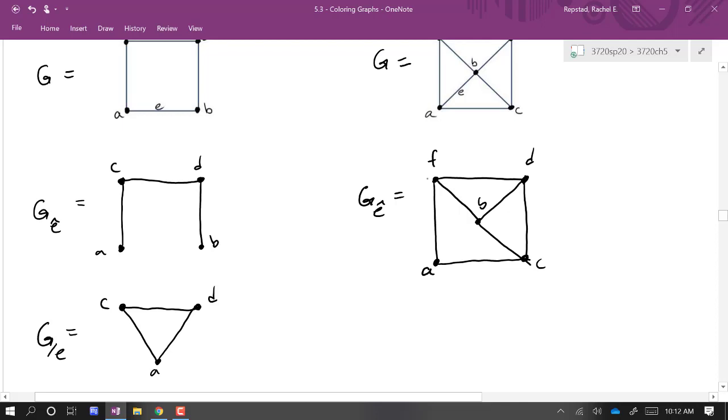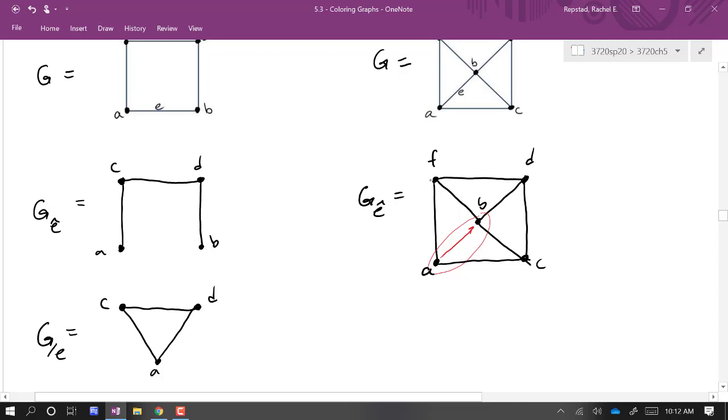Now here, on the right, I've removed the edge to get G sub E hat, and now I identify these, so those become the same vertex. Just imagine pushing A up so that it becomes the same as B. Now we're also going to lose some edges, right?